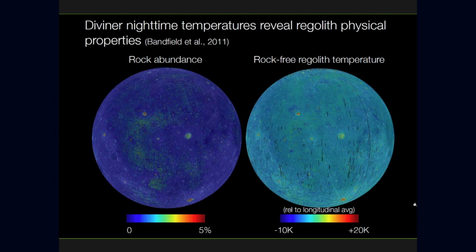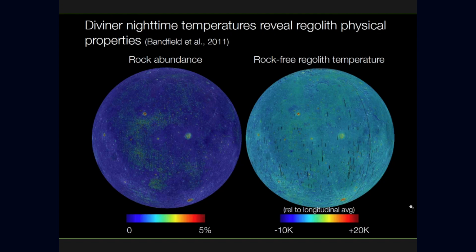At nighttime, you remove the influence of albedo and the changes in the solar incidence, and what you're left with is a radiance that comes from the materials depending on how much thermal energy they retain during the night. And this sets up a very profound difference between the effective temperatures or the brightness temperatures that we observe from indurated materials like rocks and finer, less indurated materials like regolith.